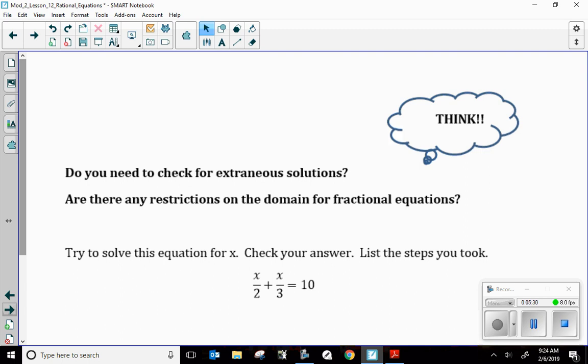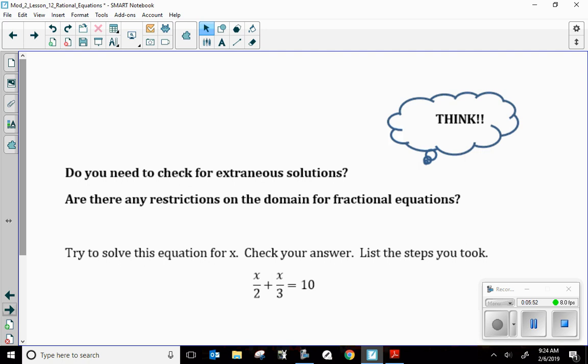Do you need to check for extraneous solutions? Man, extraneous solutions. I remember extraneous solutions when we were solving radical equations. Every once in a while, if we got two answers, one tried to work but didn't, and we just crossed that one off and called it an extraneous solution.